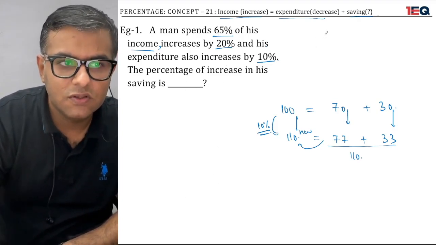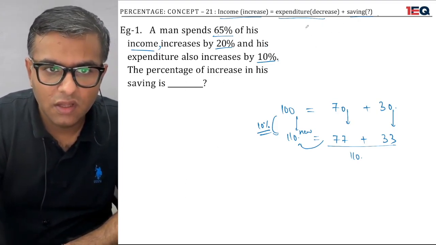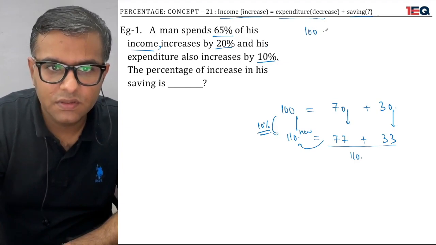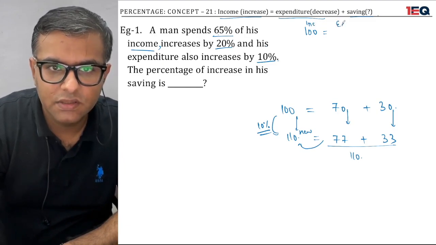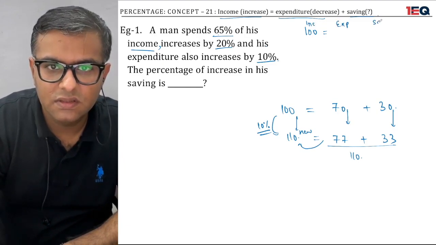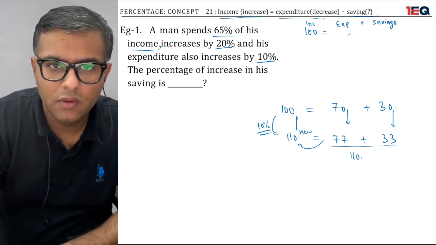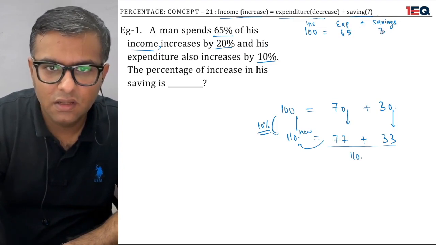Okay, so it's all good here. If he is earning 100 rupees, this is income, this is expenditure, these are savings. Income is 100, expenditure is 65, savings are 35.